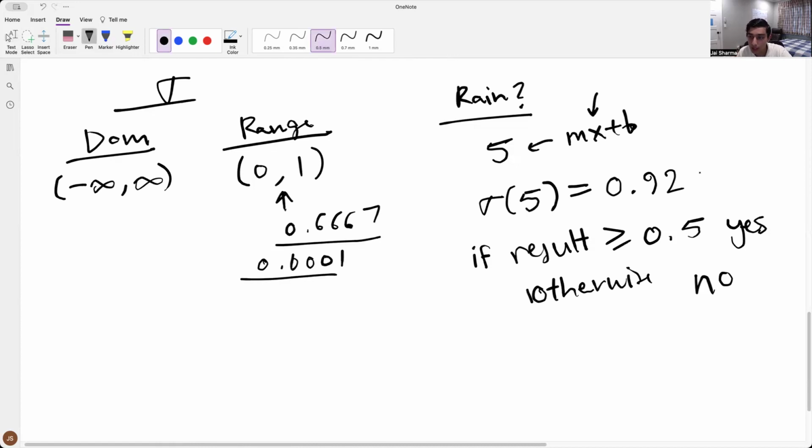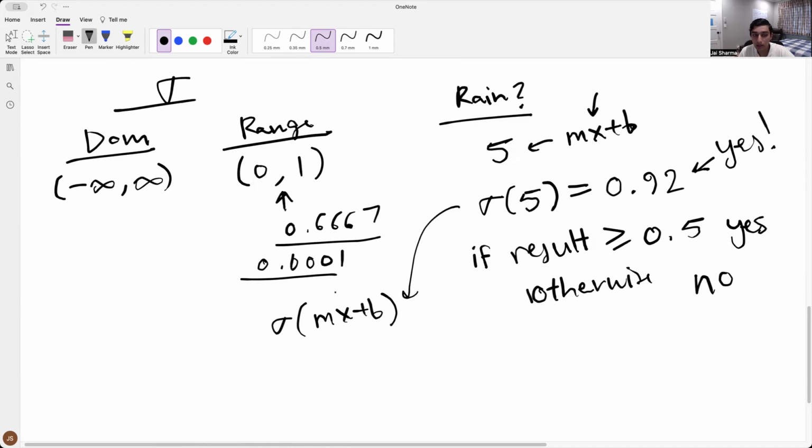In this case, the output we've gotten is more than 0.5, and therefore we predict that yes, it will rain. And I want to bring to your attention that we actually did mx plus b, we got 5 out of this, and then we applied sigmoid to the result.